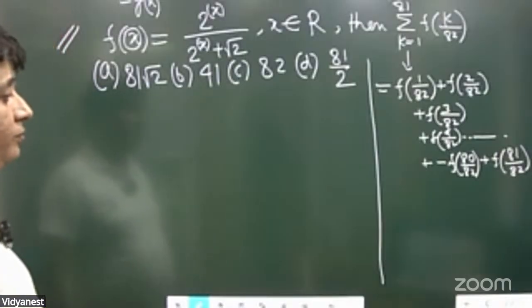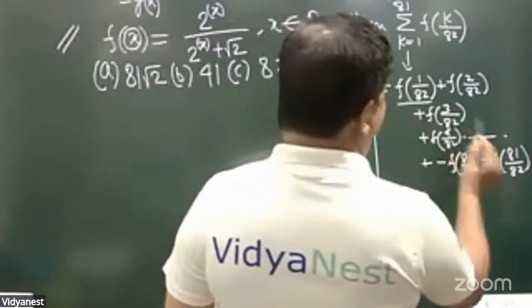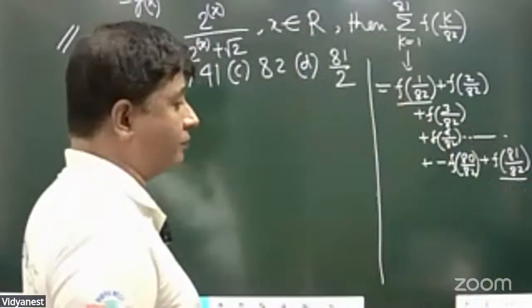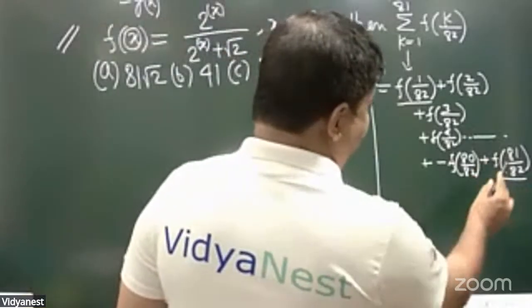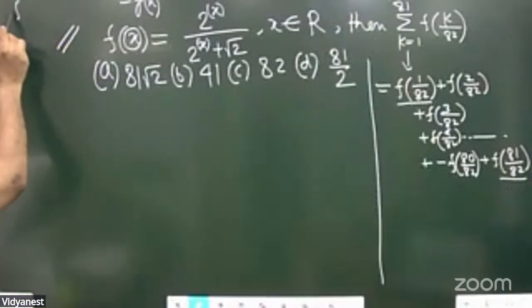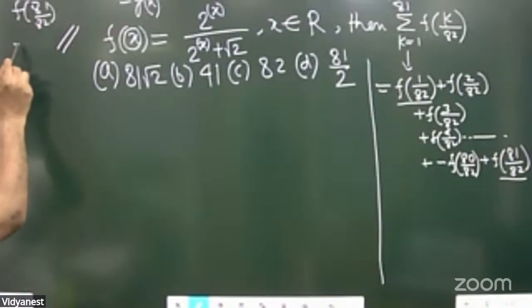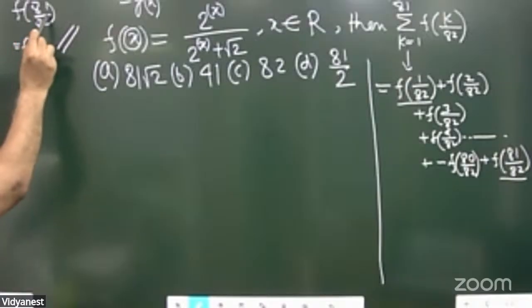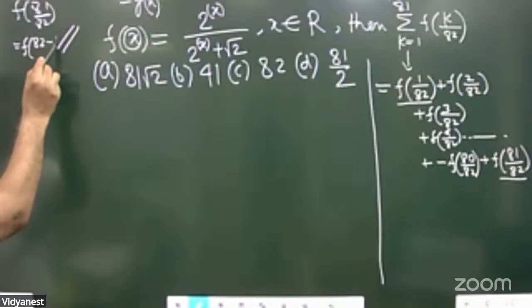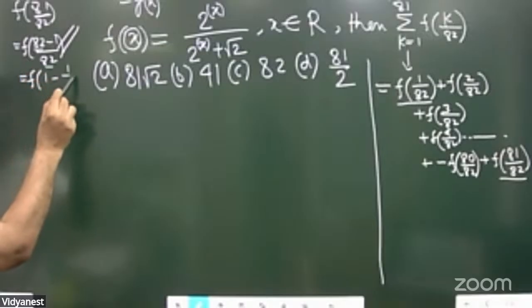See, I am getting a connection between these two. What connection? See, that f(81/82), roughly you try, f(81/82) means instead of 81, I can write 82 minus 1. So 82 by 82, 1 minus 1 by 82.